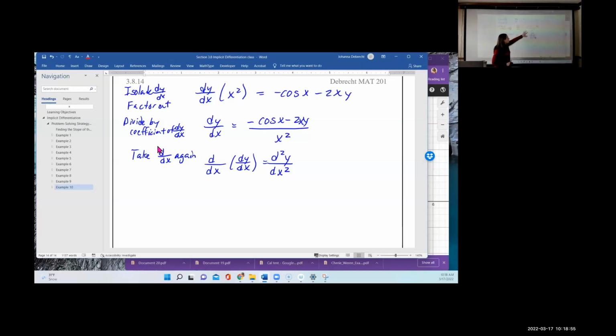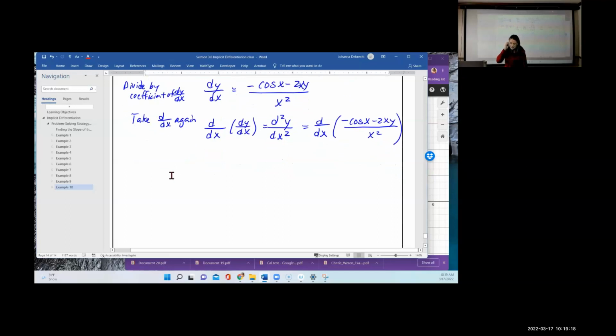So we want to take the derivative of this part that's right here, which is going to be the derivative with respect to x of negative cosine of x minus 2xy, all divided by x squared. You guys watch carefully and make sure I don't leave something off again, because that would be disastrous.